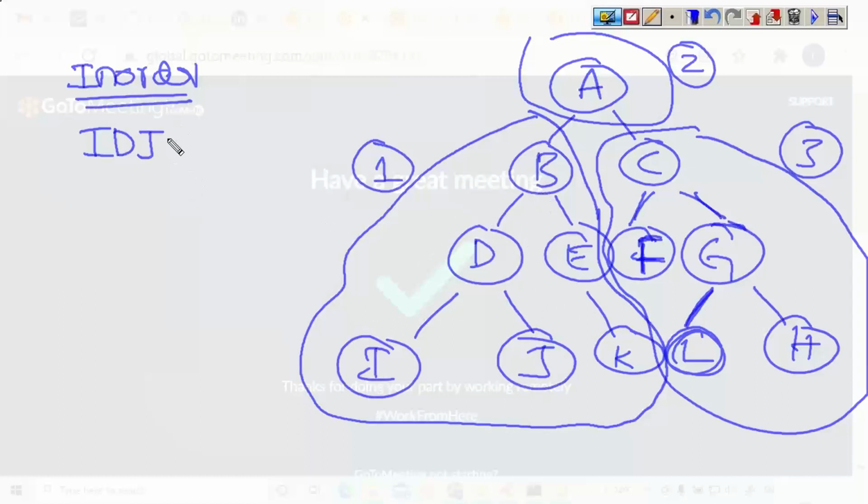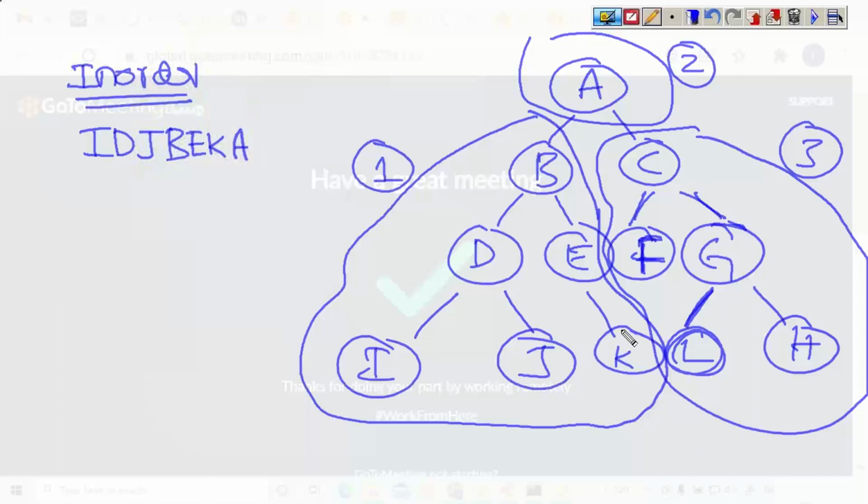Moving to the B, then right side. E doesn't have a left side child. So you have to consider E and K. Yes or no? E and K. So complete left stream got over. Then A.